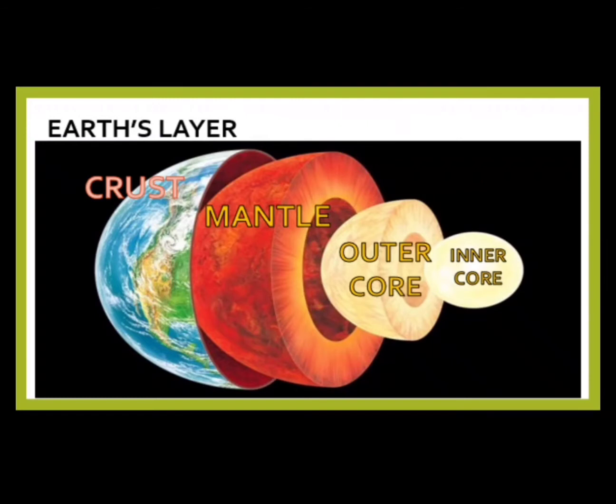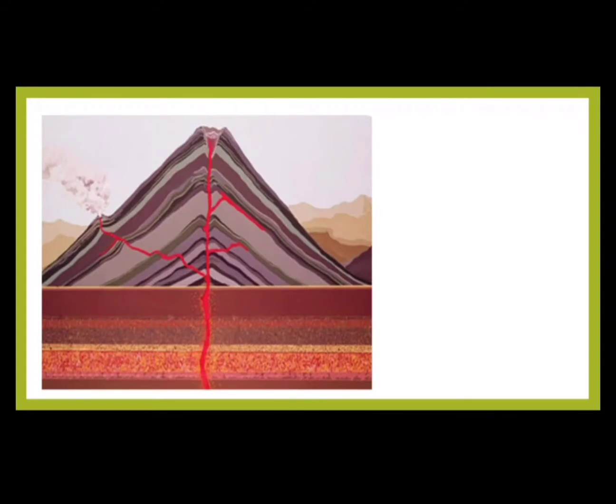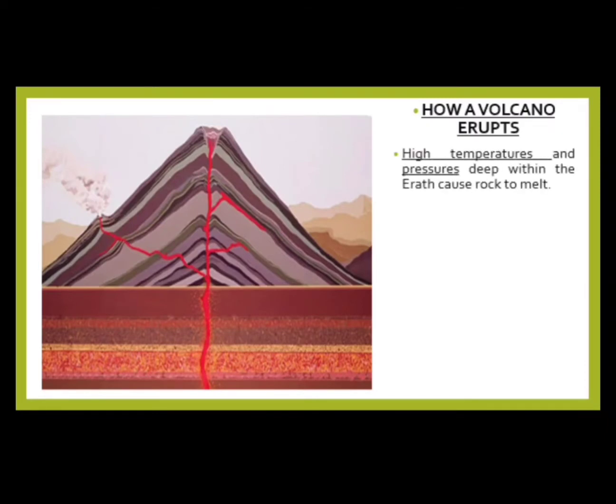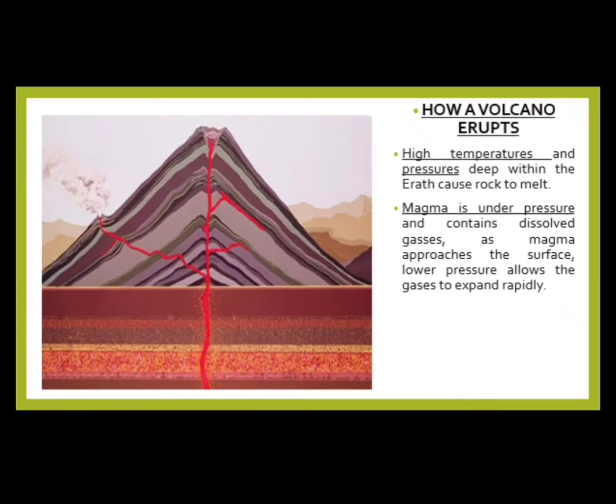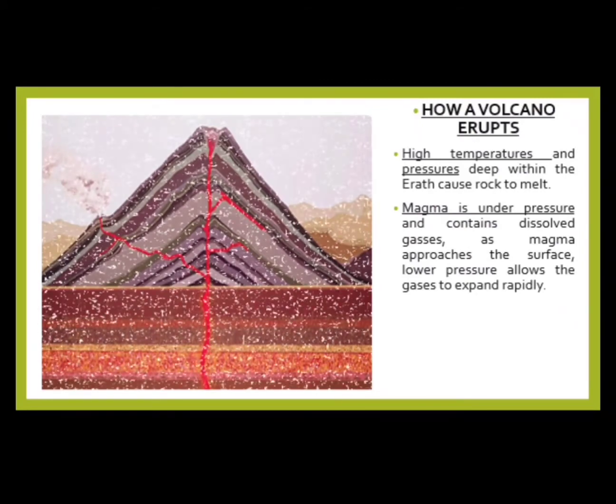As the magma is continuously heated, it goes up and gas bubbles are developed. And here is the explanation of how a volcano erupts. High temperatures and pressures deep within the earth cause rock to melt. Magma is under pressure and contains dissolved gases.